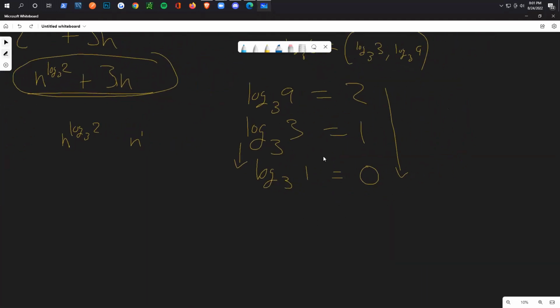So clearly, for us to have log base 3 of 2, it would have to be somewhere in this region between log base 3 of 3, which equals 1, and log base 3 of 1, which equals 0. So it can't be either of them, so it has to be in the middle.